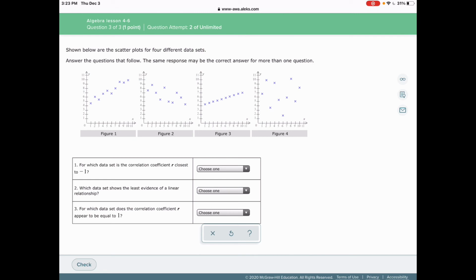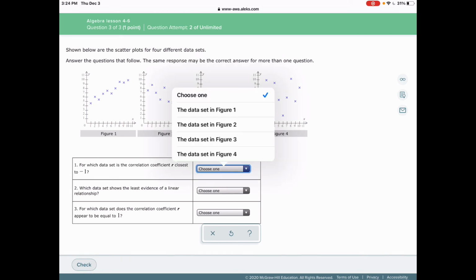I don't think there's any correlation there at all. So number 1 says, for which data set is the correlation coefficient R the closest to -1? I would say that has to be figure 2 because figure 1 and figure 3 are positive. Figure 2 is kind of close to -1 and figure 4 is nothing. So let's call this figure 2.